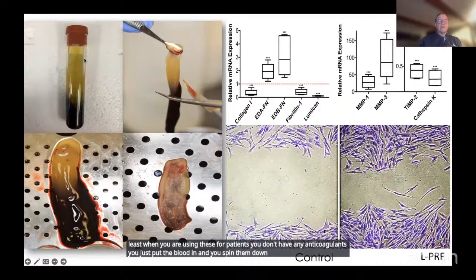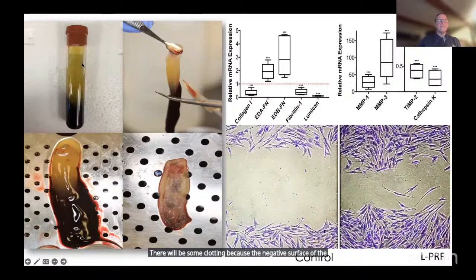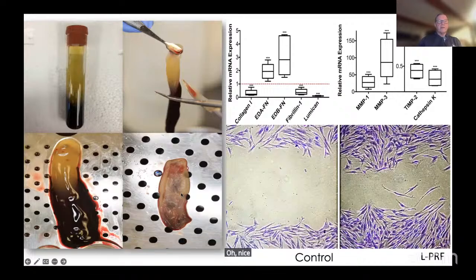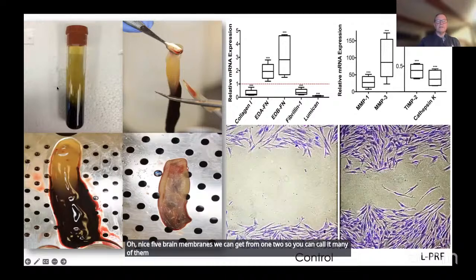There will be some clotting because the negative surface of the tube will induce the clotting process, and then we get these membranes and the blood clot, and we use the leukocyte platelet-rich fibrin. And now you can see how nice the fibrin membranes are that we can get from one tube. So you can collect many of them, and we will discuss that in the end.